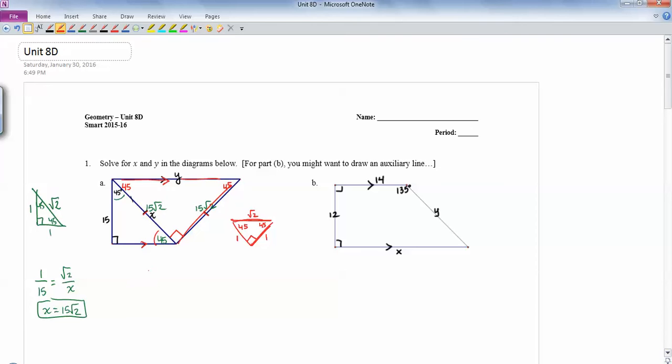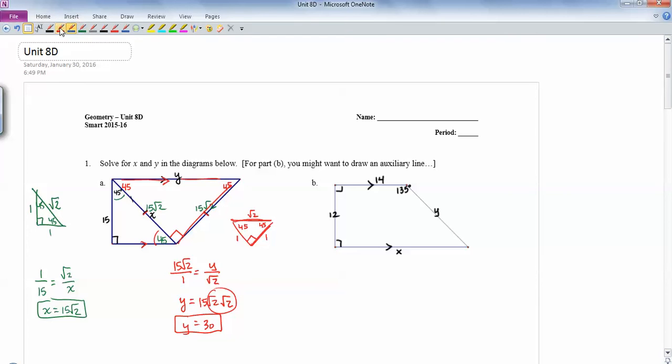And so then when I cross multiply, I get y times 1, which is y, equals 15 root 2 times another root 2. Well, root 2 times root 2 is regular 2. So this is 15 times regular 2, which is 30. So there's y.